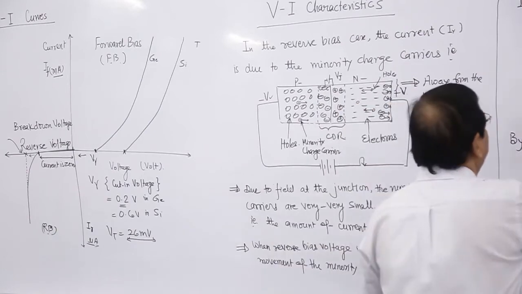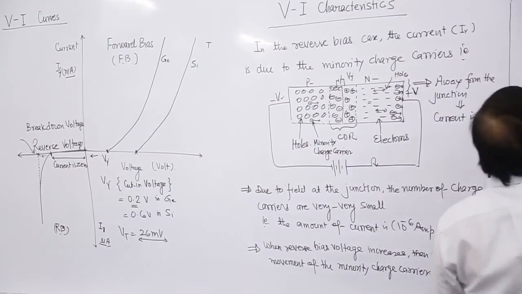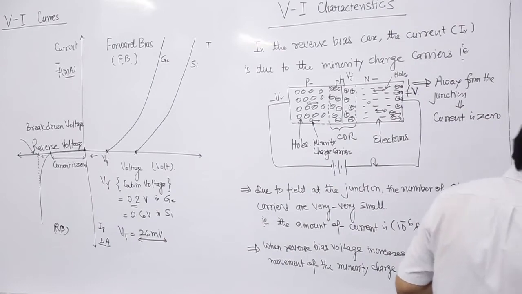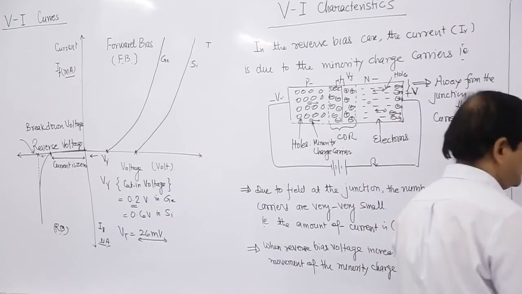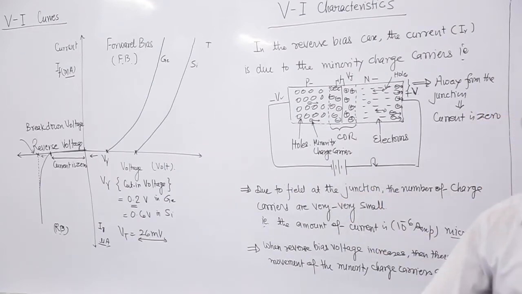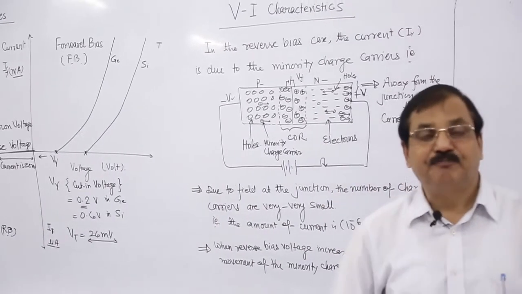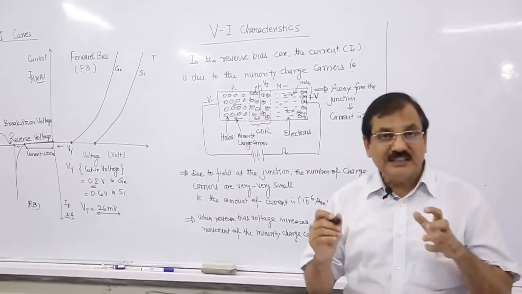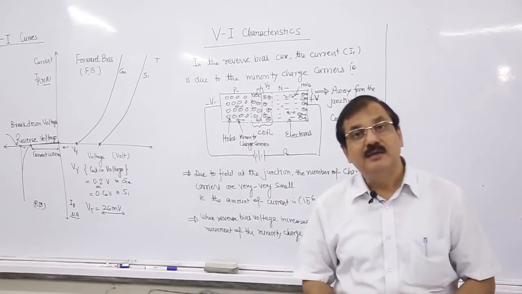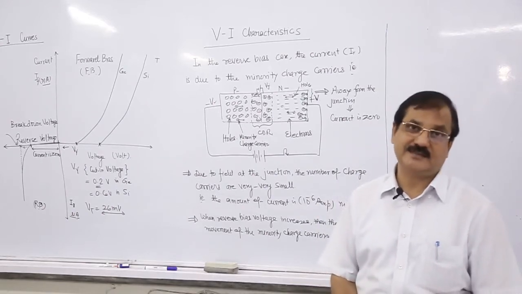So what will happen at a very high potential? When this potential is very high, it is applied on the minority charge carriers, and that potential increases the energy of the minority charge carriers.